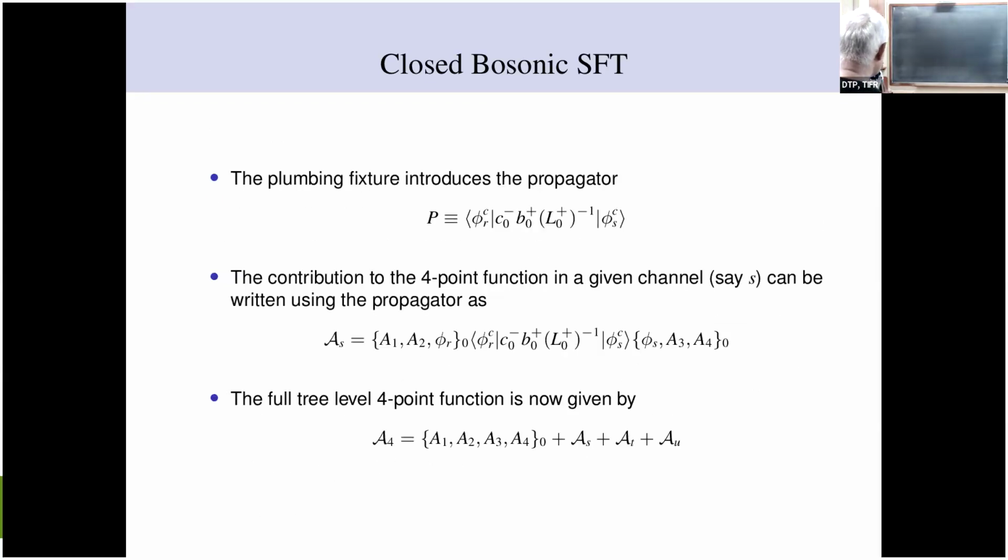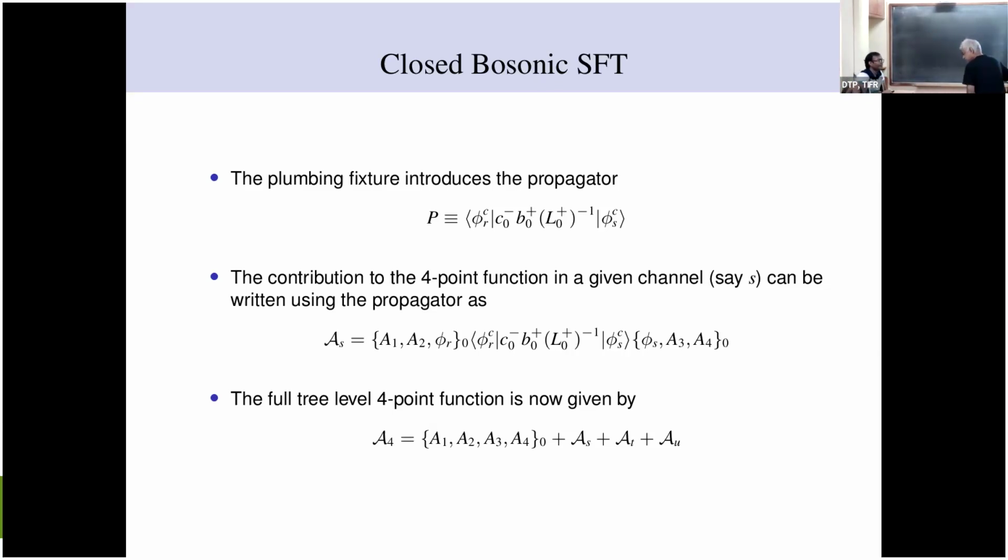Once you have this propagator, say you want the S channel contribution; in terms of the propagator it would be given by this. You have the propagator in the middle, and a sphere with 3 punctures A1, A2, and one puncture you strip off and insert a complete set of basis states, which glues with the propagator. Similarly on the second surface, you have 3 punctures, you strip off one puncture and insert a complete set of basis states, and this is the way you reproduce the S channel contribution.